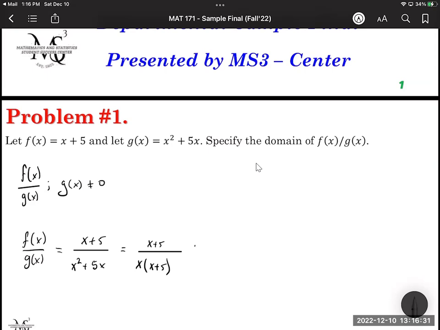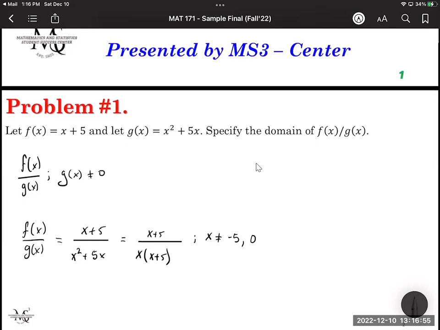For what values of x would that bottom be 0? Negative 5 is one possible value. Another possible value is 0. That's right.